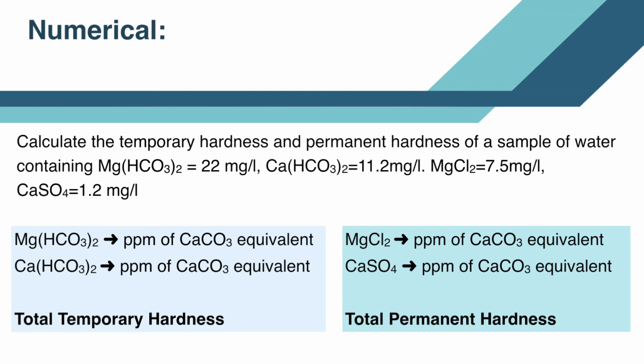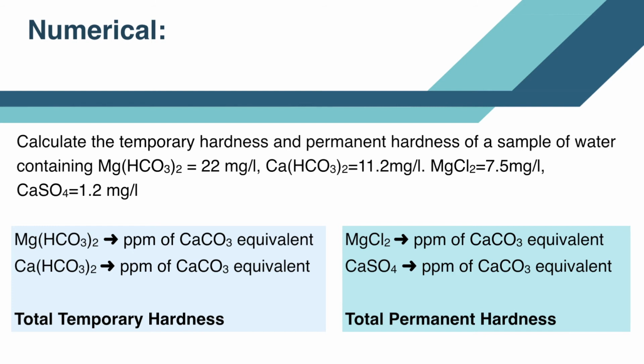But again, I'm giving you a reminder: do not simply add the amounts given in your question paper, because these are not in the unit of ppm of calcium carbonate equivalent. Your first job is to identify which are temporary hardness and which are permanent hardness. Second job is to convert each one of them into ppm of calcium carbonate equivalent.